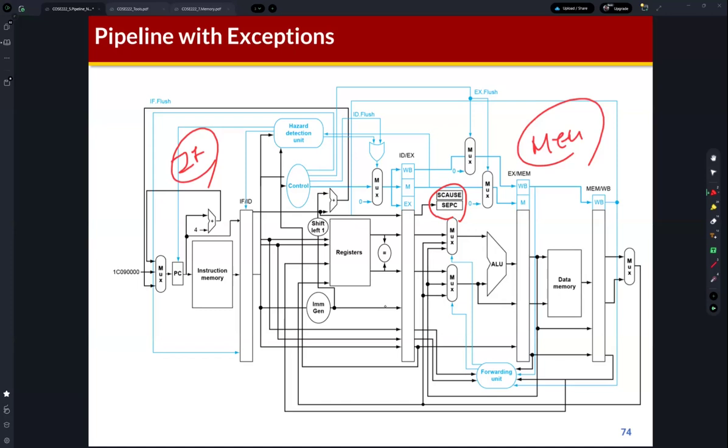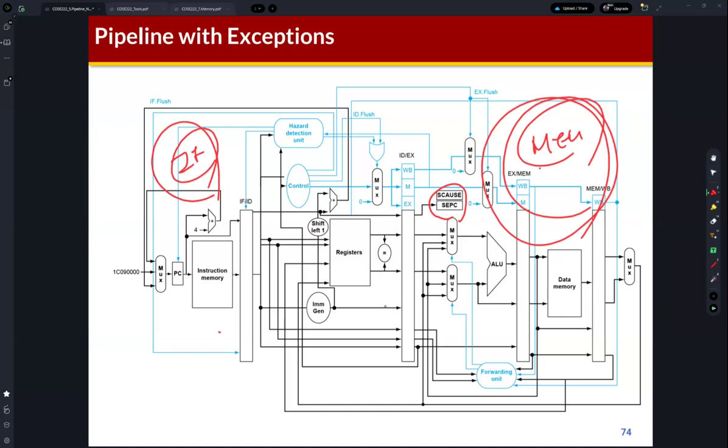So instruction order means the instruction in the memory stage is to be handled first, right? Even though the exception in the instruction fetch stage is detected earlier, later an exception can be detected in the memory stage in a different instruction, right? In this case, this exception needs to be handled first, right?